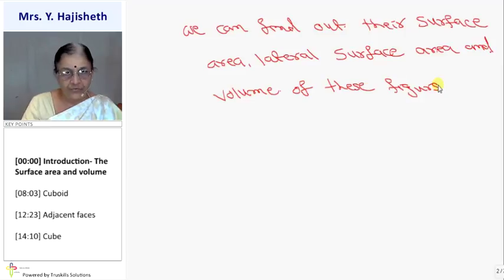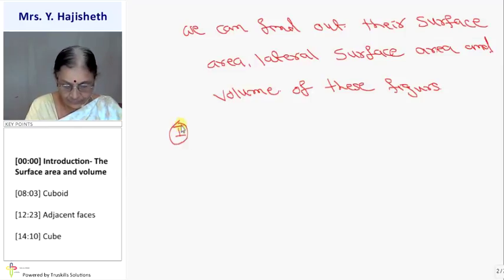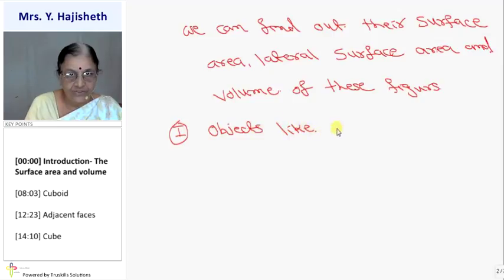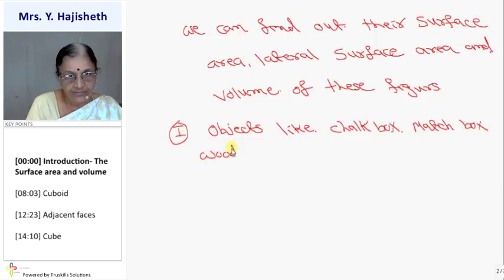For cuboid, objects like chalk box, matchbox, then a wooden box, any wooden box.